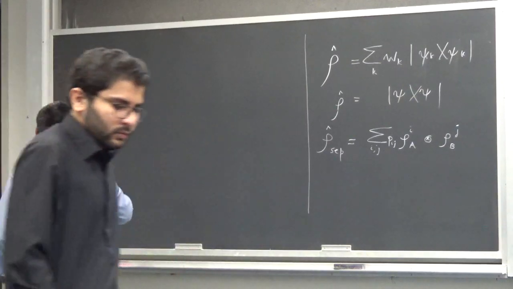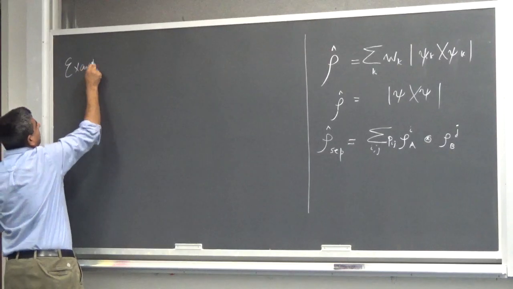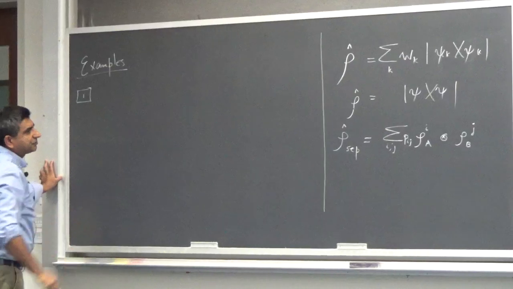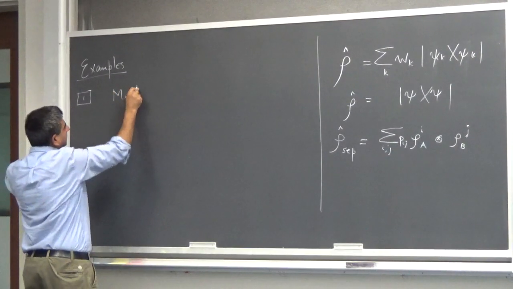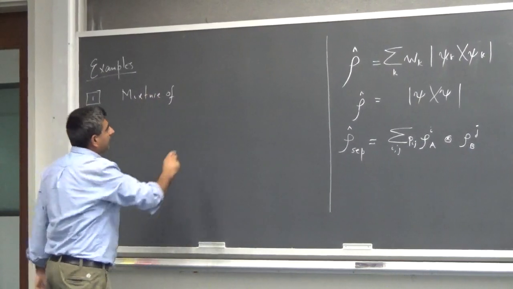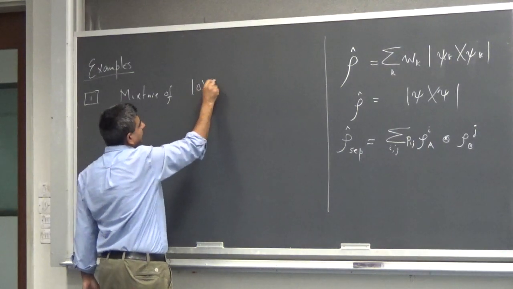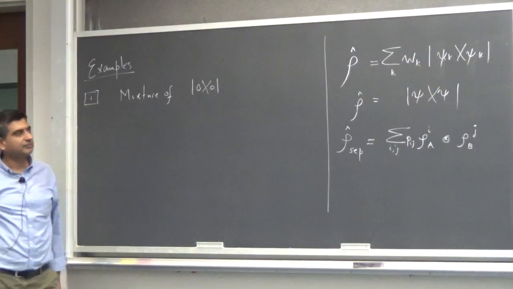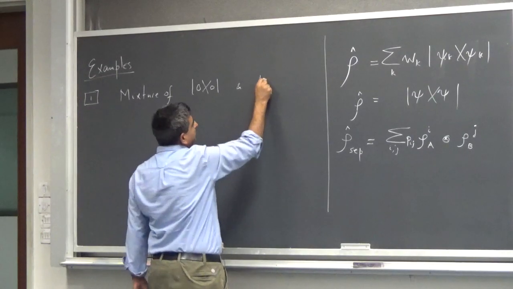Examples. I can have a mixture of, say, let's talk about a single qubit. This is a pure quantum state, just ket 0, and a superposition state.